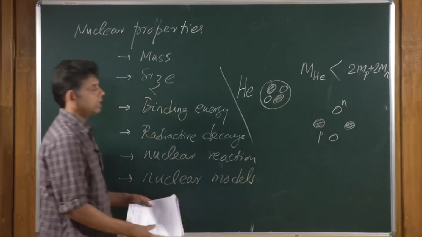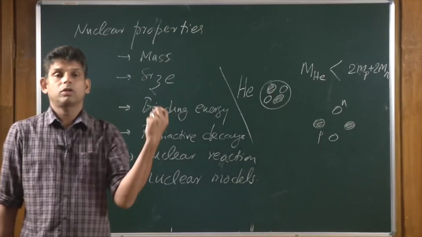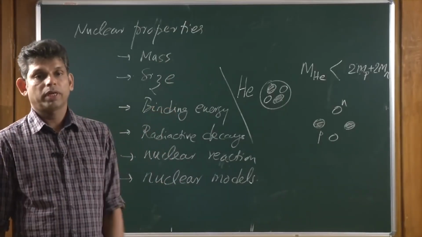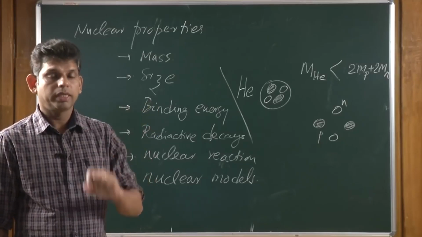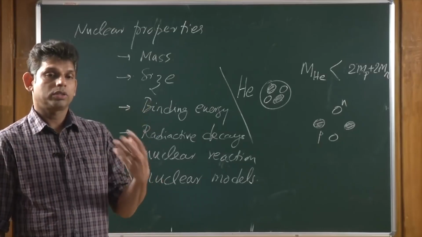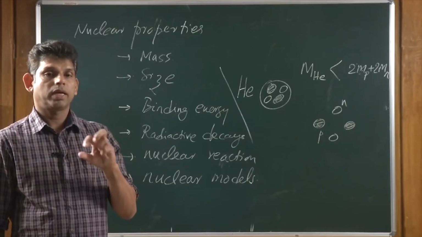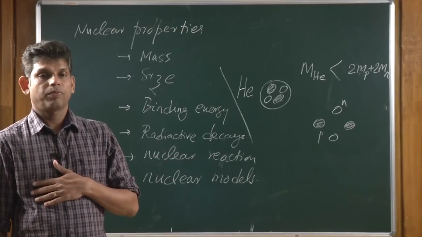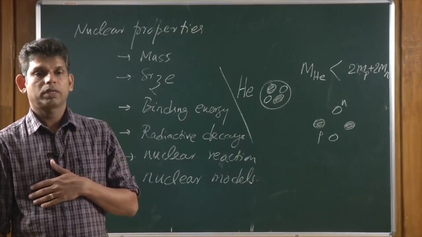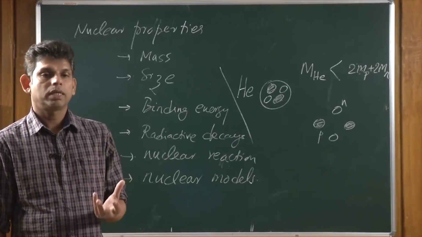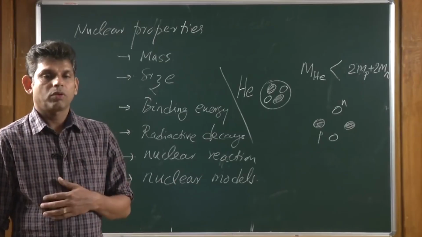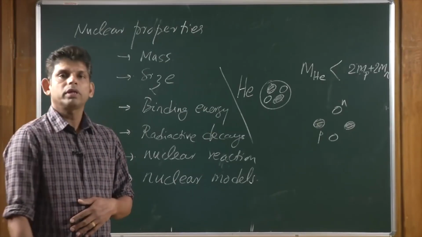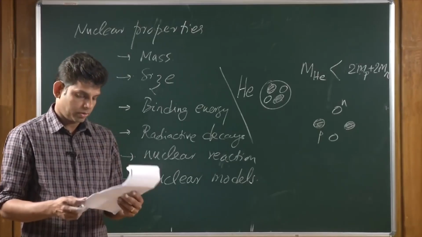We have only said that they come together and form the nucleus, but like in the case of atoms, we have to give specific details of how the nucleus is formed and what are the properties of that, and what are the energy levels of these, or what is the general picture of the nucleus, the model of the nucleus. So, there are these nuclear models that we will discuss.